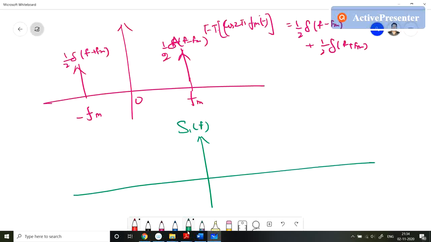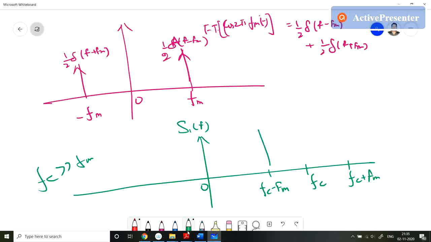We just have to shift. So this 0 will shift to fc, this fm will shift to fc plus fm, this minus fm will shift to fc minus fm, and because fc is much greater than fm, we are taking a much higher range for this fc.